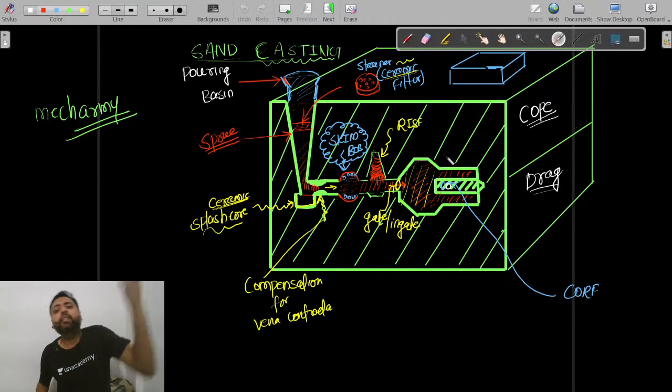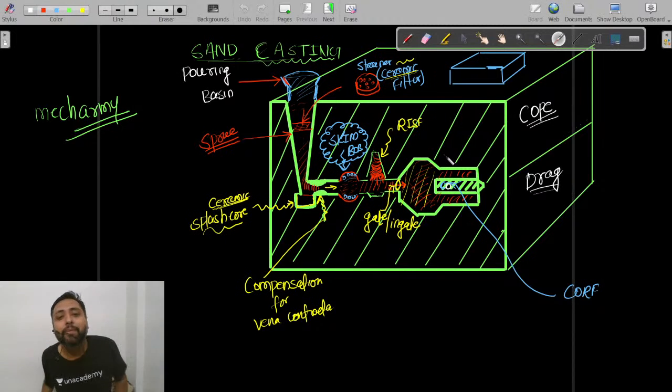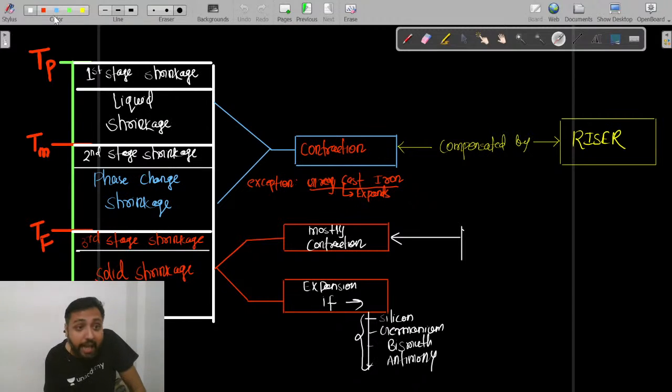So even though in the third stage contraction is happening, you had already taken care of it, you had compensated that contraction, that third stage of shrinkage, with the help of what? Oversized pattern. You made the pattern larger in size.